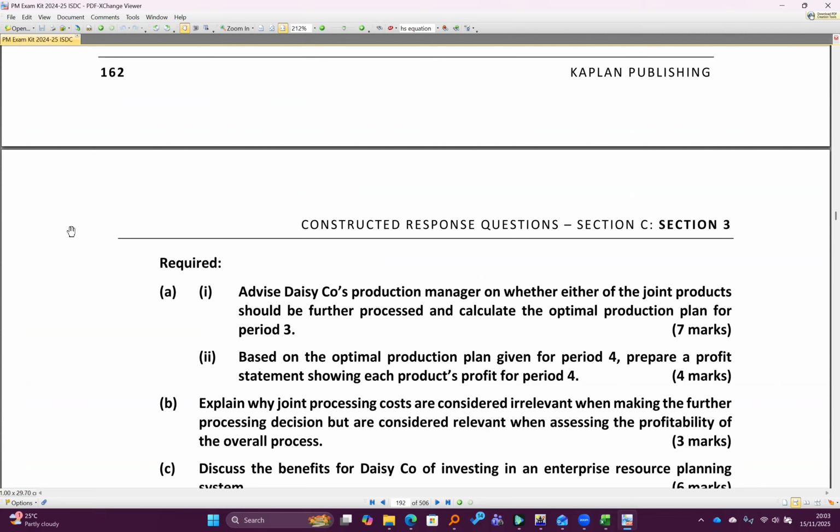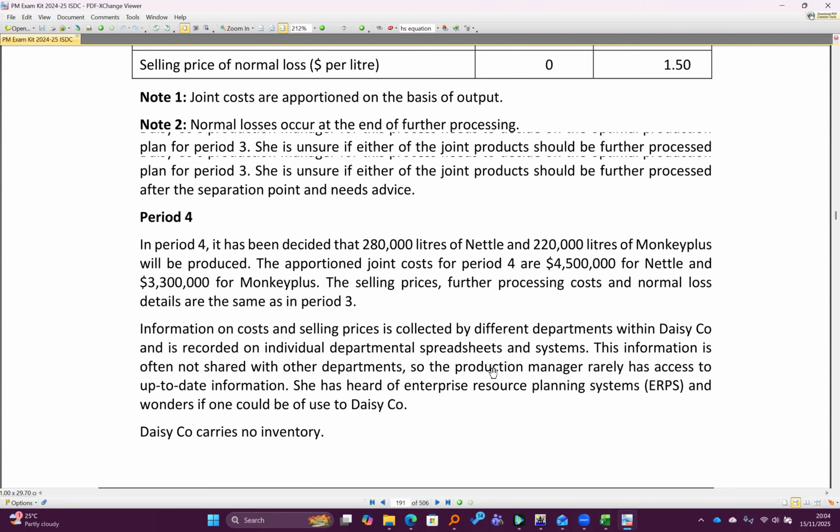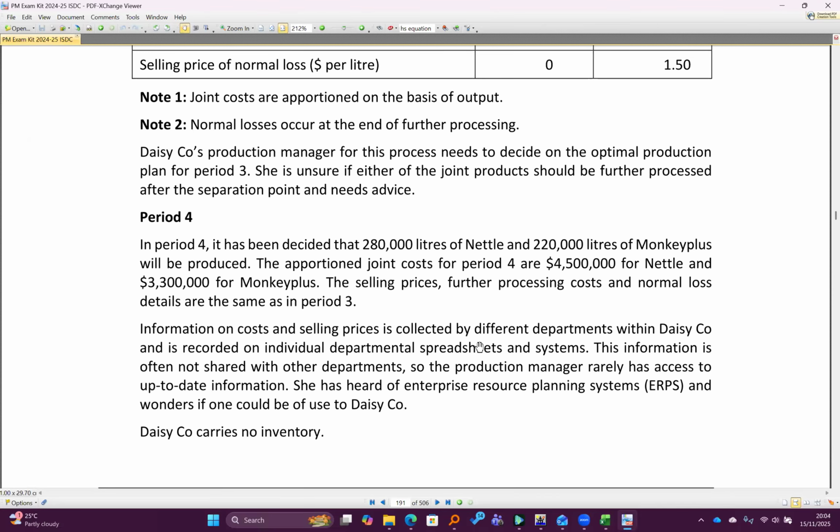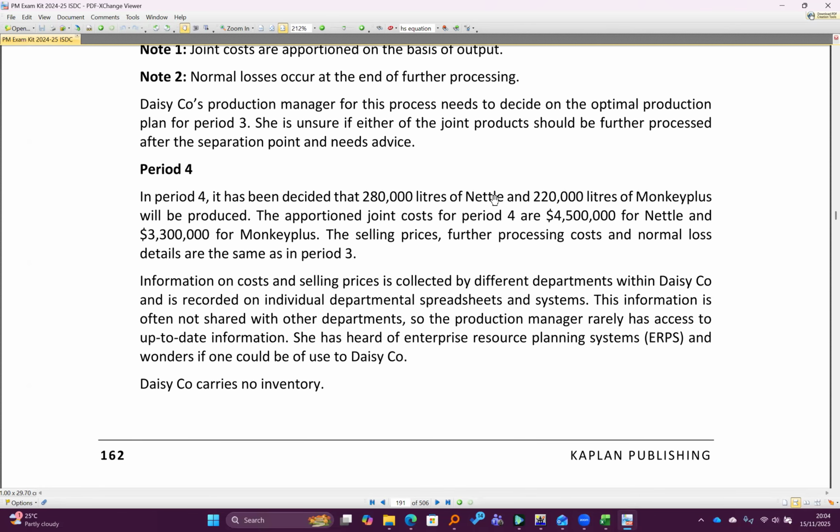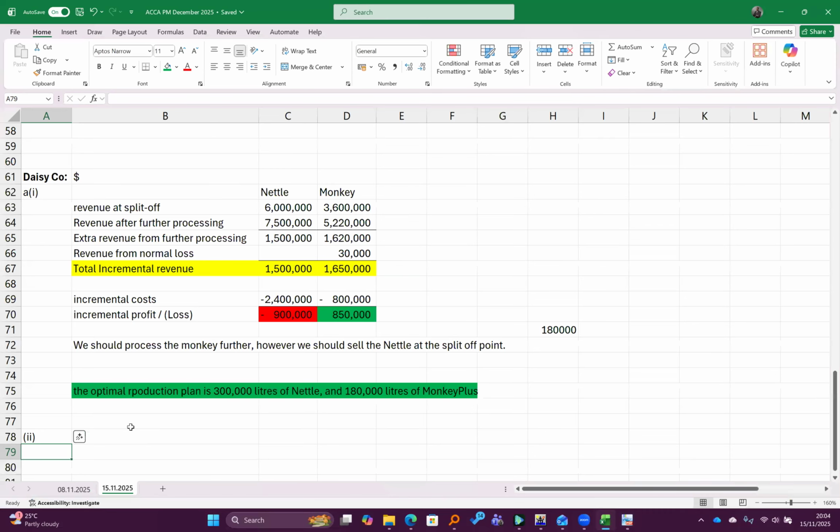So they told us for period 4, they are going to sell 280 liters of Nestle and 220 liters of Market Plus. So we can start from there. So they want to produce 280,000 liters of Nestle and 220 liters of Market Plus.